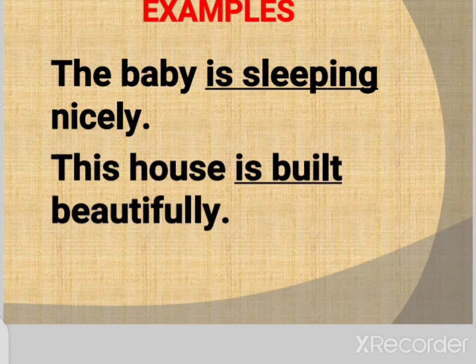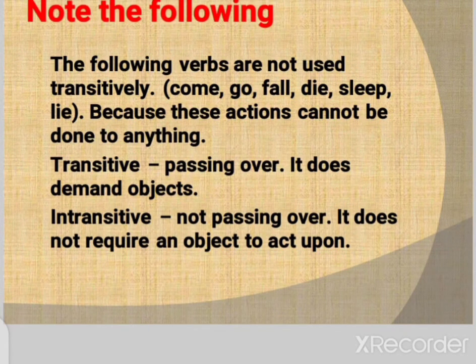So learn transitive and intransitive verbs. Try to identify and differentiate between these two kinds of verbs with the examples I have given you. Here I have given you some hints. For example, the following verbs are not used transitively. We cannot use these verbs as transitive verbs: come, go, fall, die, sleep, lie.